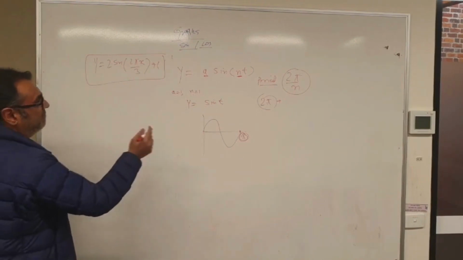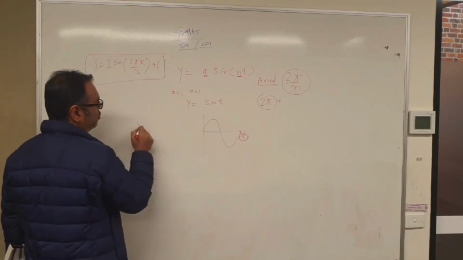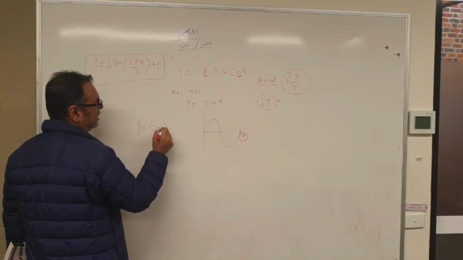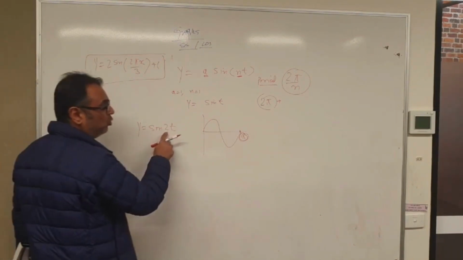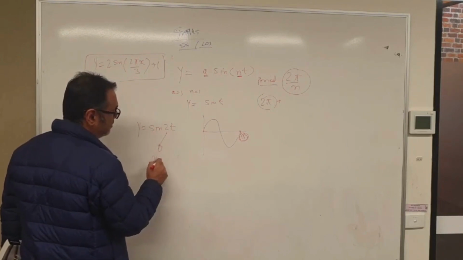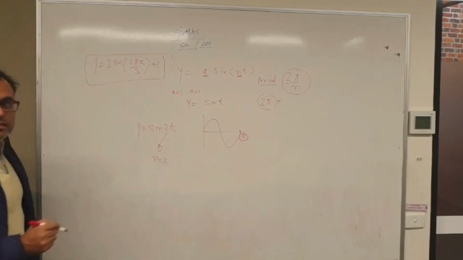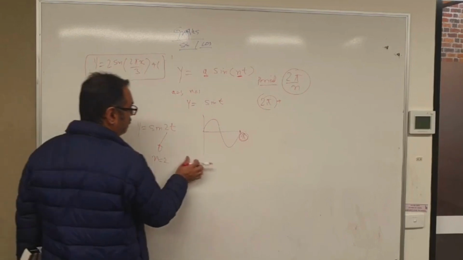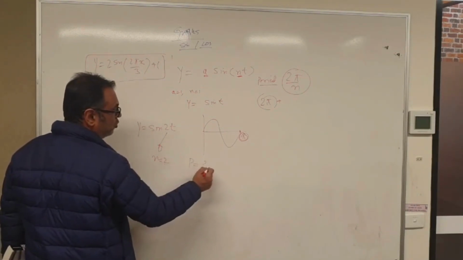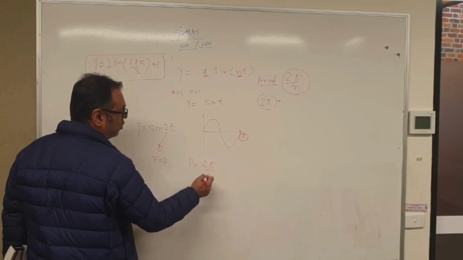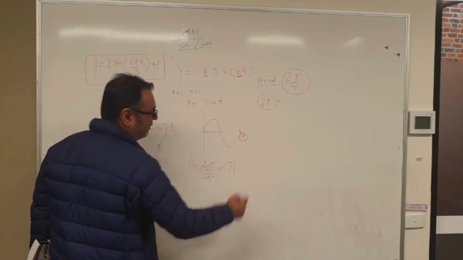So in this, if I say y equals sine 2t, so n equals 2, right? So in this case, what is my period? Period equals 2 pi over n, n is 2. So the answer is pi.